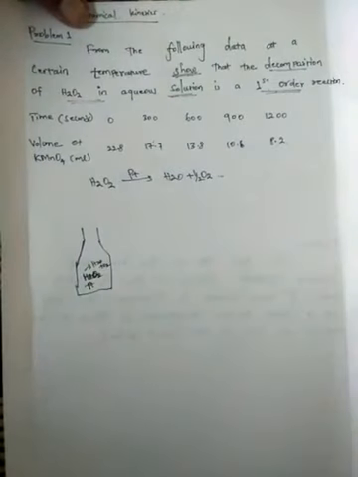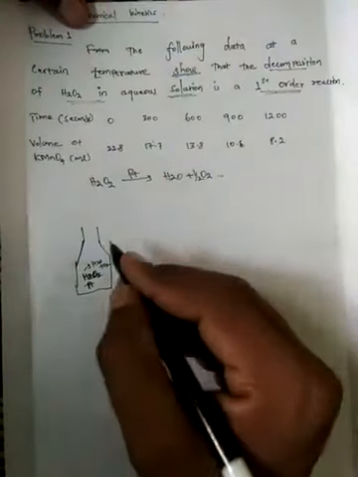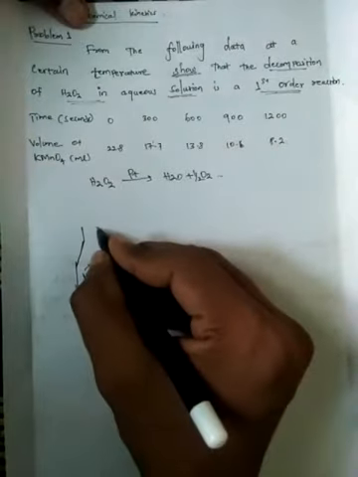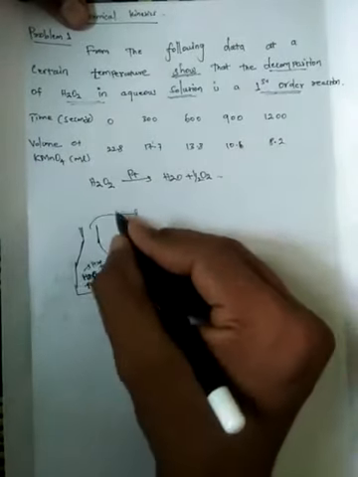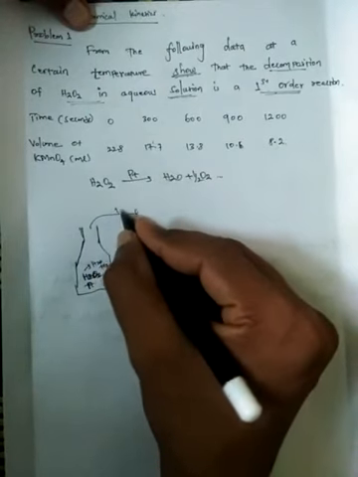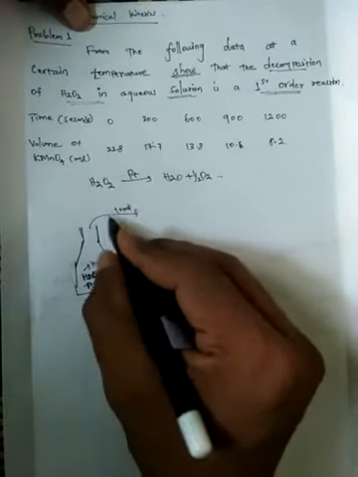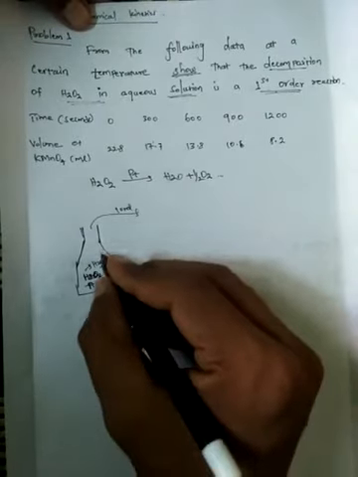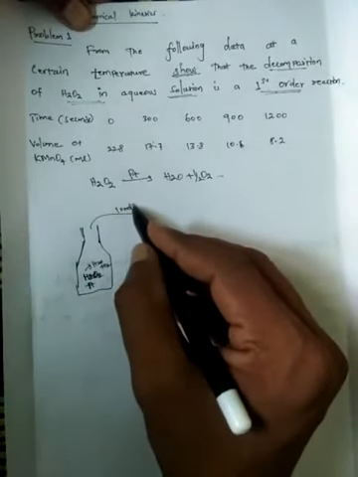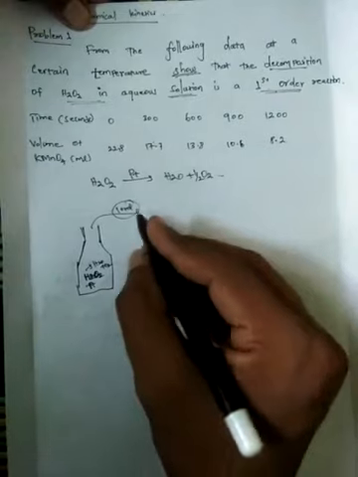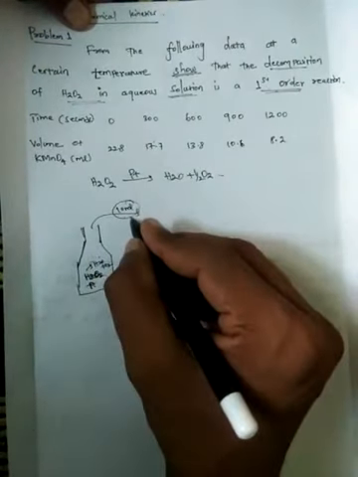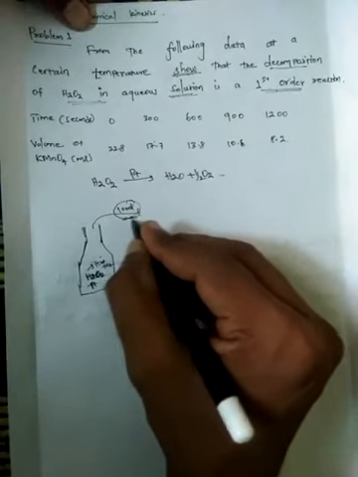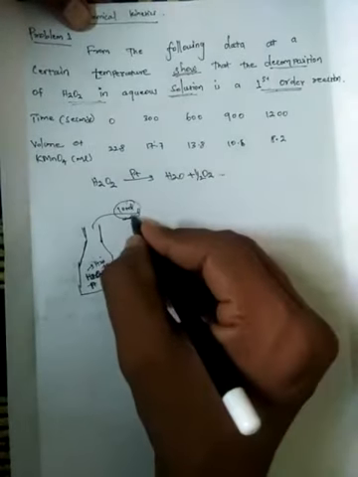Oxygen gas is evolved. A simple reaction is taking place. Now you take the reaction mixture, maybe about 10 ml, out from this reaction bottle, and most probably you have to arrest the reaction. That means you have to stop the reaction.